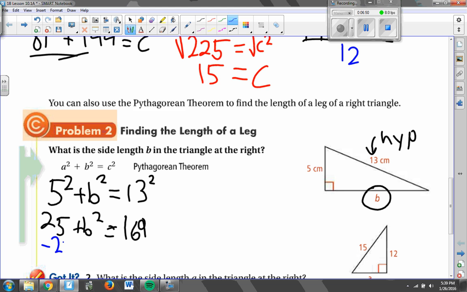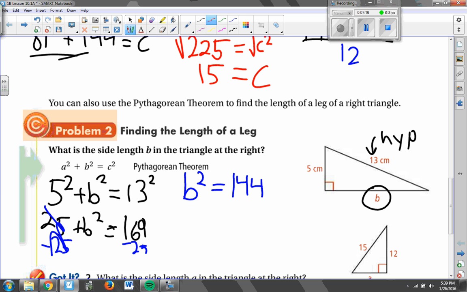So I will take away 25, take away 25. So now it's gone over there. Now all I have left on the left side is b squared. All I have on the right side, once I simplify, well, right now I've got 169 minus 25. 169 minus 25 is 144.